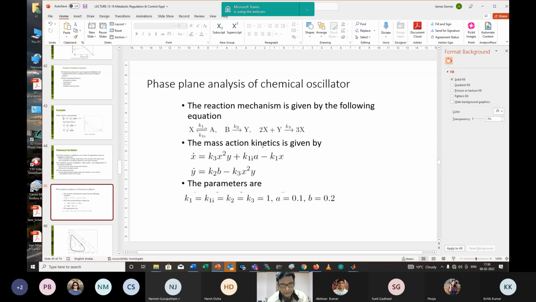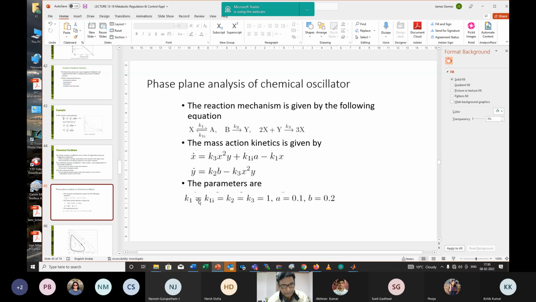And then you have this one reversible here, K1I, going in the reverse direction. So it's producing X, so that will be plus. This gives you a plus sign here. And then it is getting removed by this K1 reaction, so minus K1.